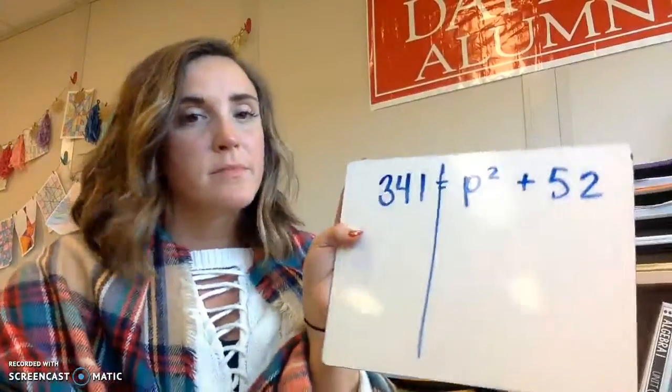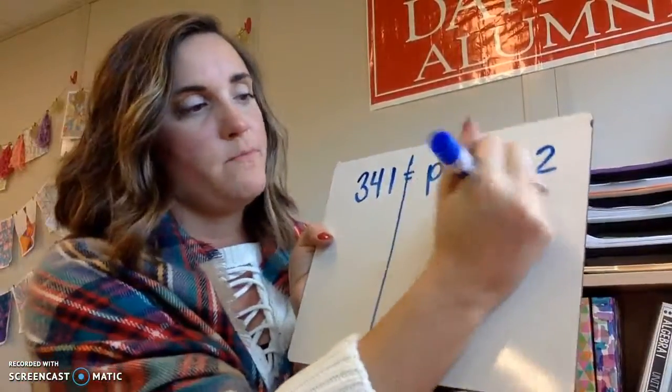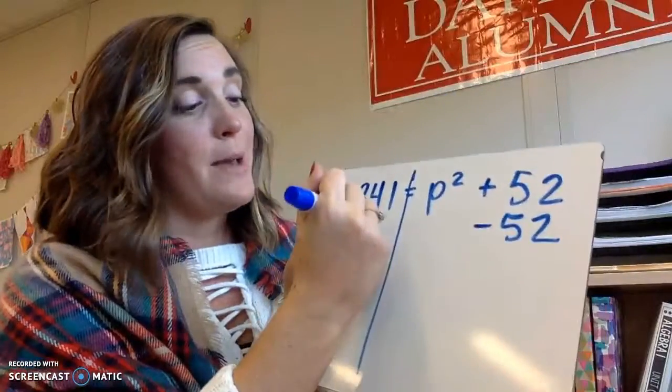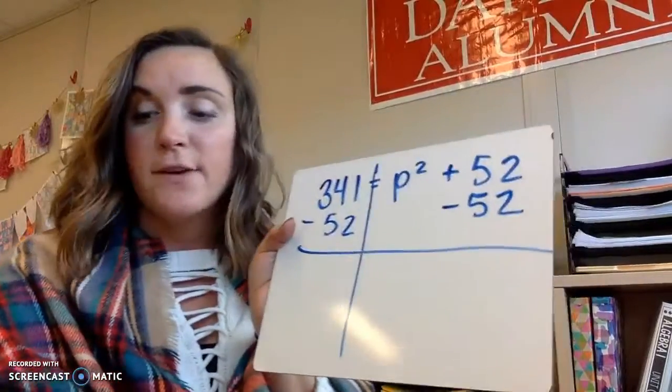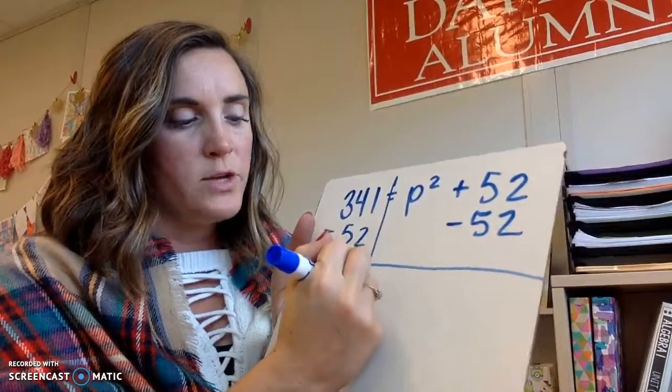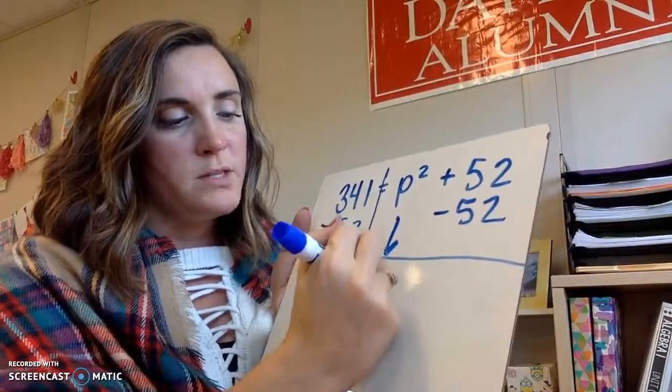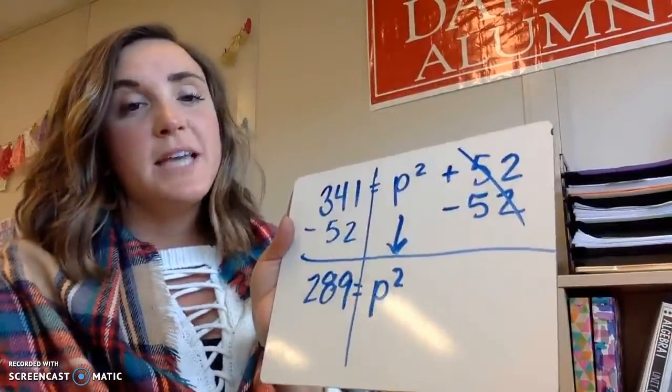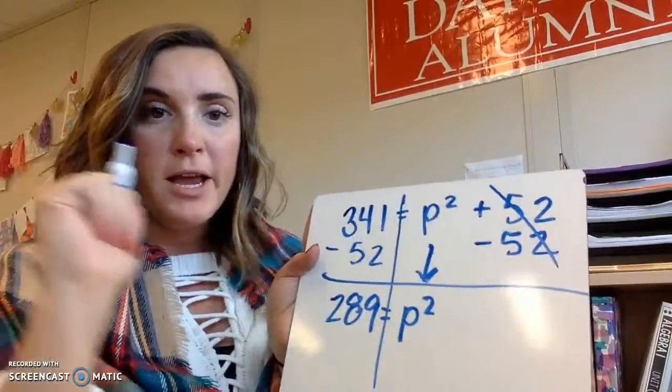Number 11, 341 equals p squared plus 52. Okay, cat's hanging out with you, being annoying, it's got to go. So that means it's plus 52. You subtract 52 on each side, giving you 289 over here. p squared comes down, so it's just you and your pet bird hanging out.